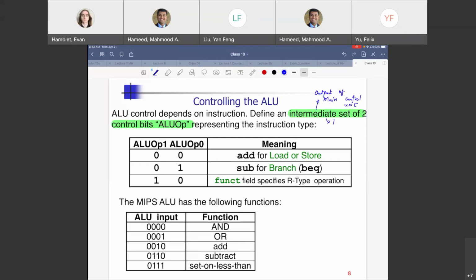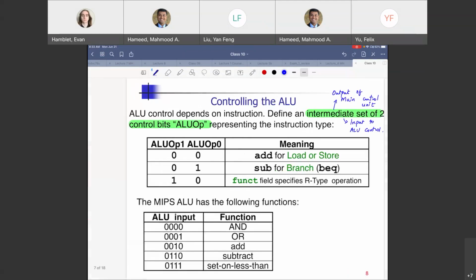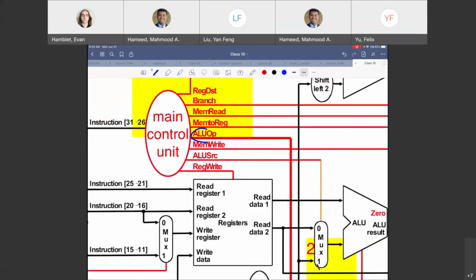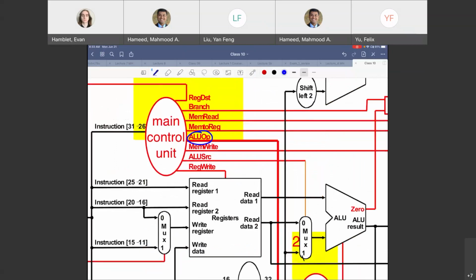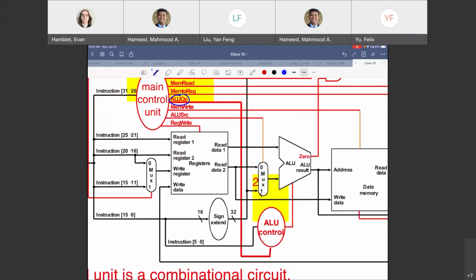And they also function as input to ALU control. That's why they are intermediate. They are output of main, but the input of the next ALU control block, right? So this is right here. Output of those guys, but input of this ALU control. So that is your ALU op.